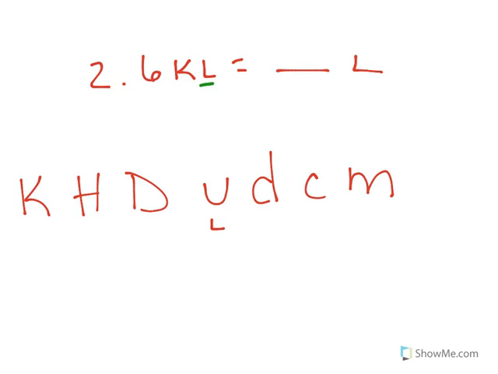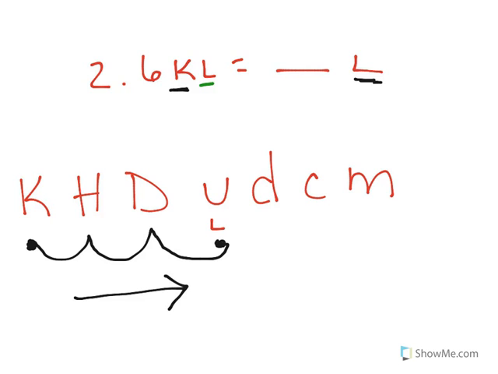Okay, so I have to first look at where I'm starting. I'm starting at kilo, so I'm going to start here, and then I'm going to finish at liters, so I'm going to finish here. Always know where you're starting, always know where you're finishing, and you're going to go 1, 2, 3 spots, and this time I'm going 3 spots to the right.